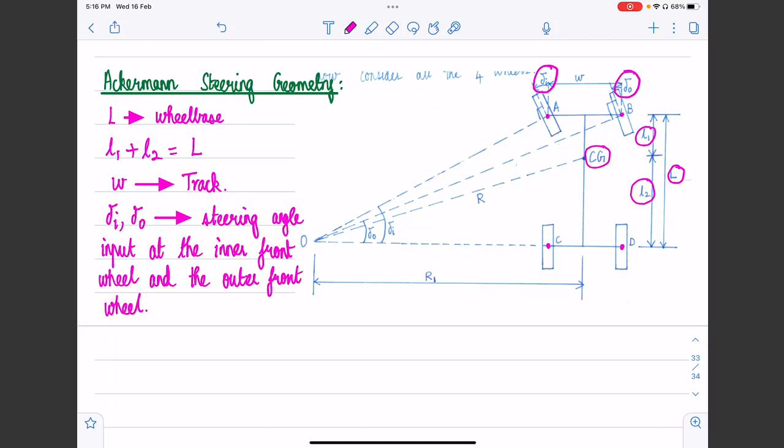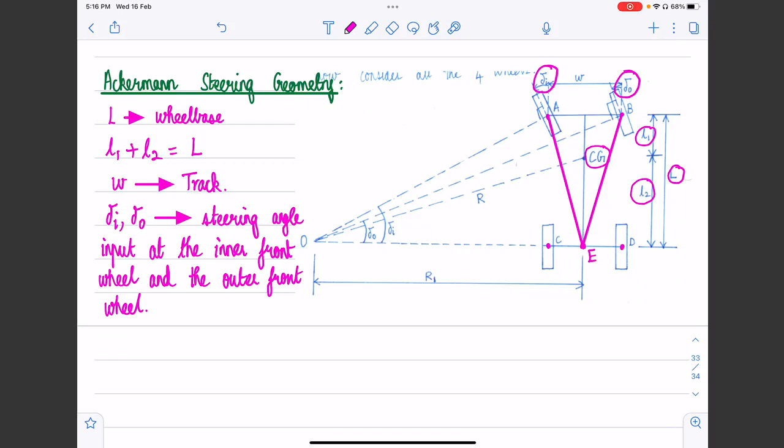So what is this Ackermann steering? The steering geometry is designed in such a way that the line segments joining the points A and E, and the points B and E, coincide or intersect.